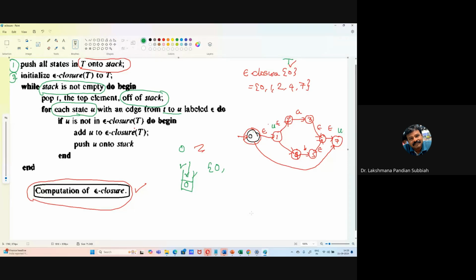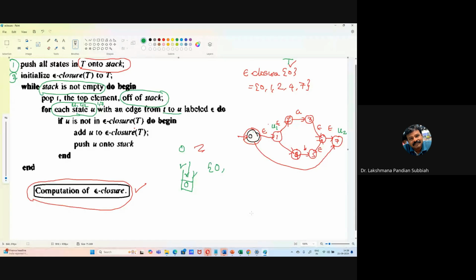So for each state u, that is u1 and u2, here we have u1 and u2, that is 1 and 7, with an edge from 0 labeled epsilon.